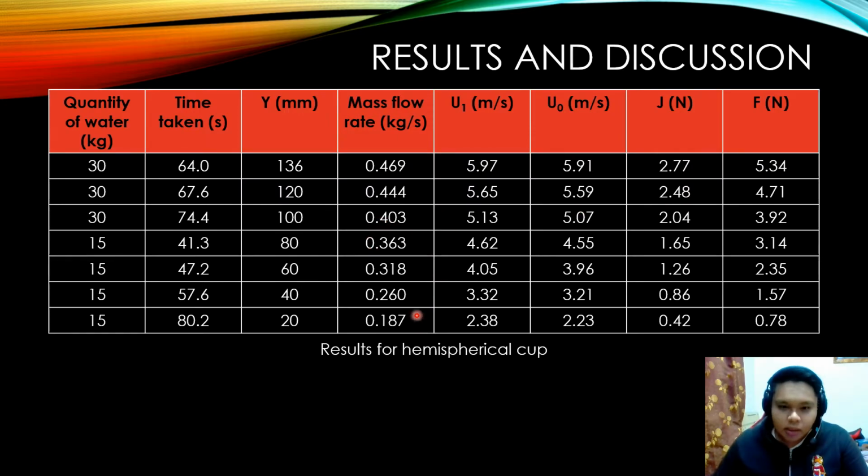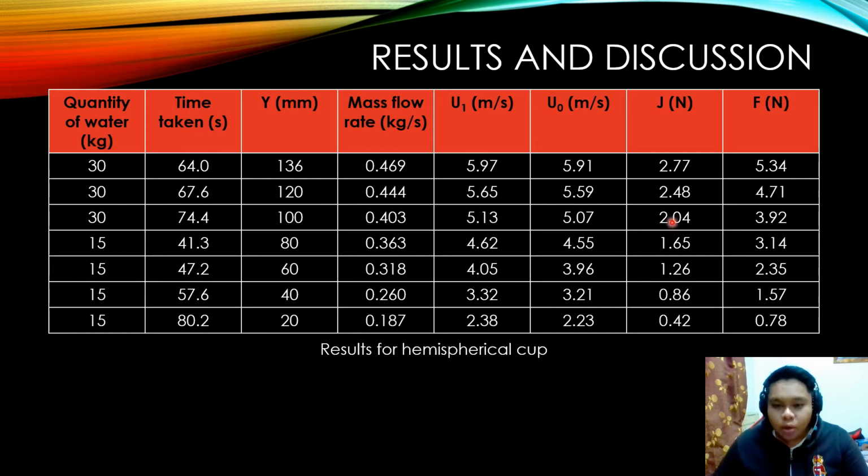This is the result for the hemispherical cup. We repeat the same procedure, which is gathering a certain amount of water and recording the time, calculating the mass flow rate, and we gather the value of displacement of the weight jockey Y, and we calculate the values of U1, U0, J and F. And we can see here, when the mass flow rate decreases, the values of J and F also decrease.